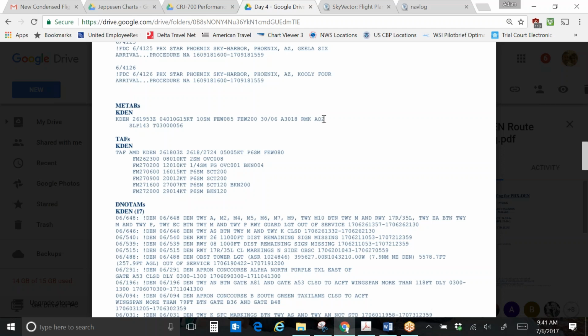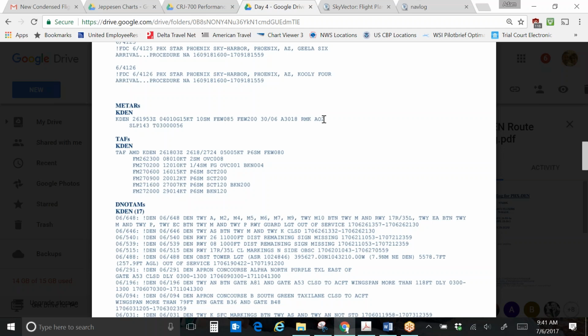Now I just know off the top of my head that the Denver elevation is 5,400 feet at the airport. So what is ISA supposed to be in Denver based on 5,400 feet elevation? We're basically minusing off 10 degrees.